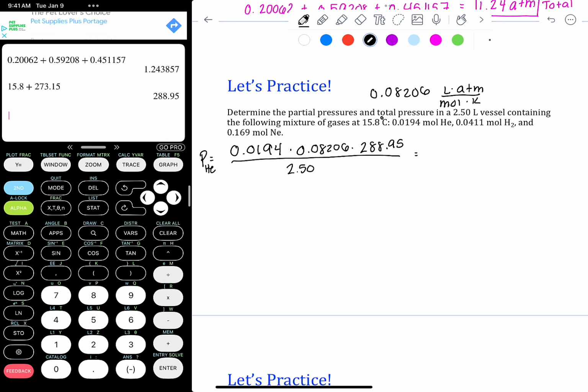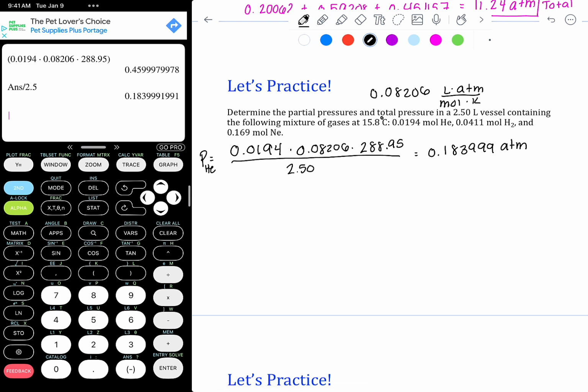So we plug that in, 0.0194 times 0.08206 times 288.95, divided by 2.5. We get 0.183999 atm.